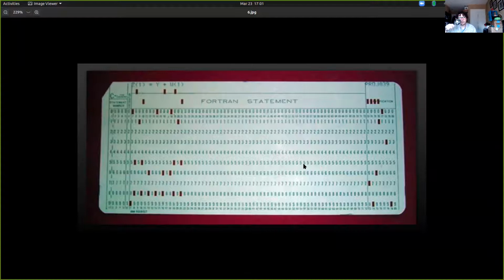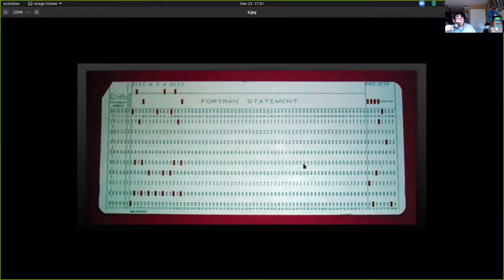Hazard a guess for me? A punched card. Yeah. So this is a punched card. Exactly. It's a punched card. And this is actually a punched card for a Fortran program.